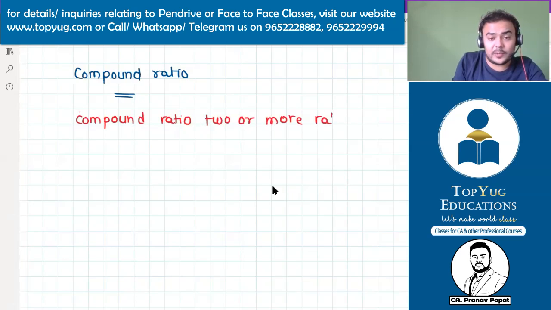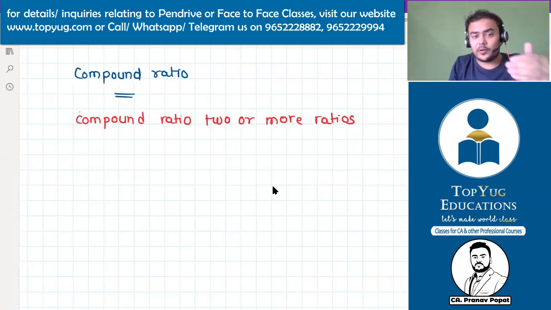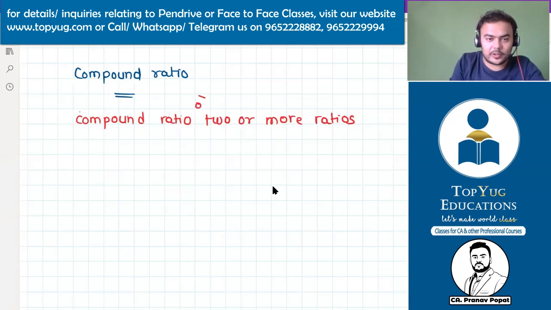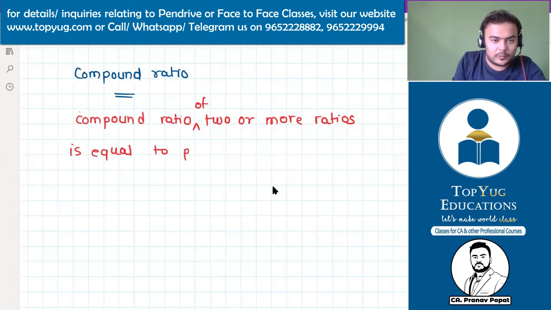It is an operation between two or more ratios. So compound ratio of two or more ratios is equal to product between them.